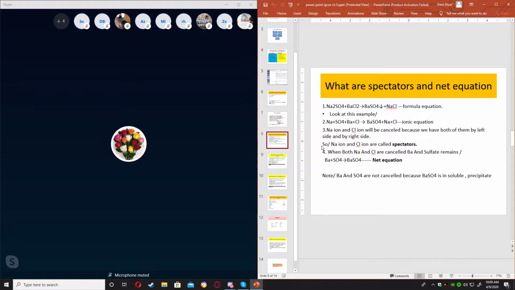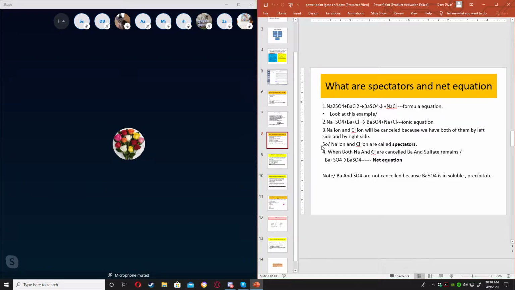Let us read together. You have sodium sulfate and barium chloride, and it becomes barium sulfate and sodium chloride. Please look at the second step, which we call the ionic equation. Do you have that slide?